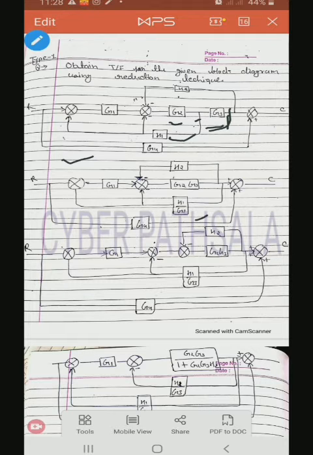And as you can see, if you move the takeoff point after the block G3, you have a cascade connection, so you can reduce it with a single block G2 G3. In cascade we multiply both the blocks, and in parallel you just add. So you get this block diagram.